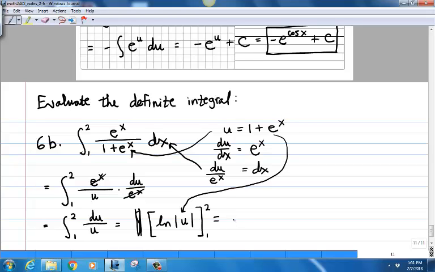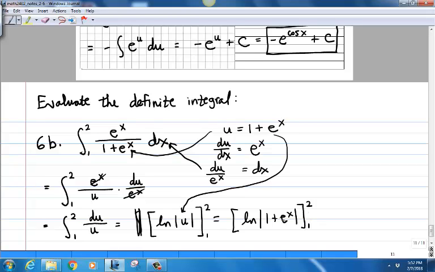So we have the natural log of the absolute value of 1 plus e to the x, and then we're going to evaluate that from 1 to 2. Now, in this case, 1 plus e to the x is always going to be positive, especially because the limits of integration are also positive numbers.